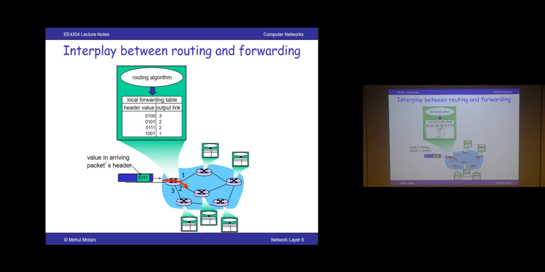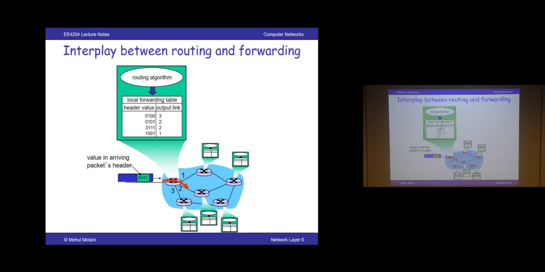What drives this is the routing algorithm, because the routing algorithm says if you need to get to destination 0100, then the next hop is so and so, and that next hop is accessible on output interface 3. It doesn't mean that 0100 is the next hop. It's like in the network layer header you have the destination IP; that's the first column.